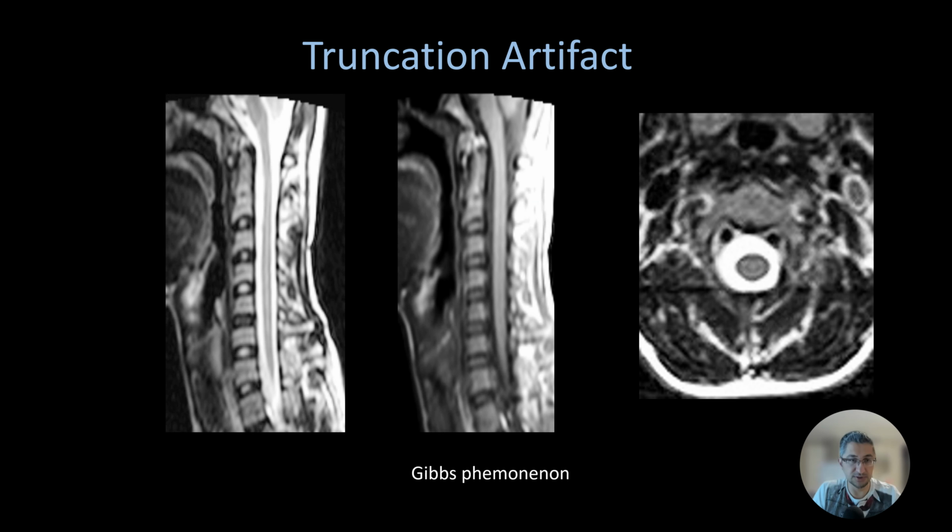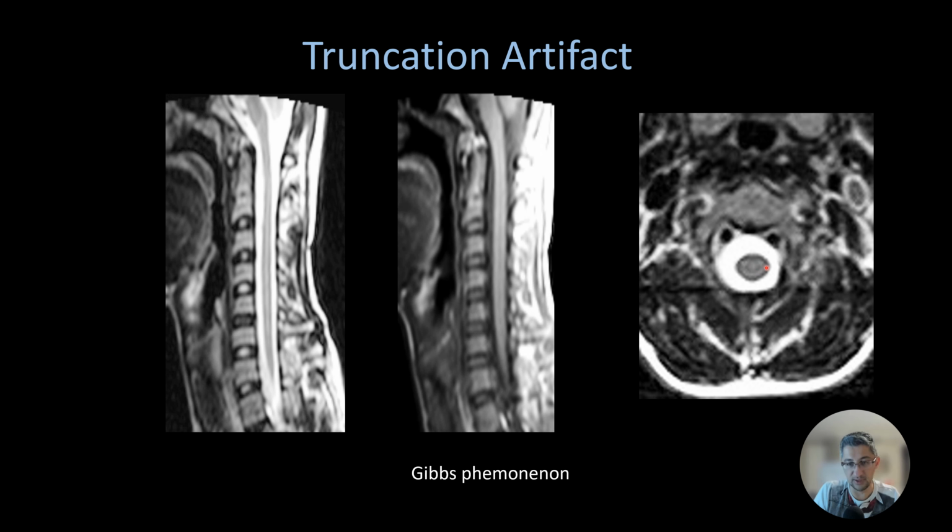After the embryology, I would like to say a few words regarding assessment of the MRI. There are some challenges when interpreting the MRI images. One of them is truncation artifact, also known as Gibbs phenomenon. As you can see here, you may think that there is a lesion in the spinal cord. You may interpret this as a syrinx or an abnormality.